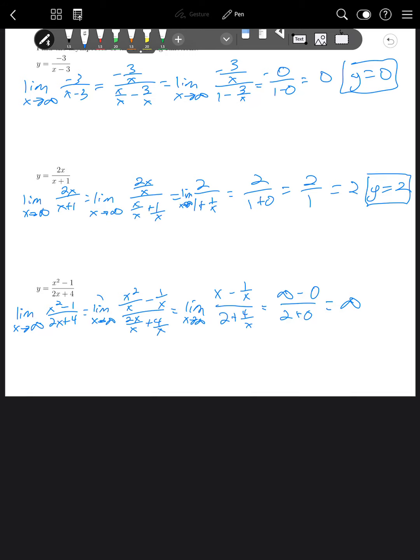So to find that oblique asymptote, we have to do polynomial division. So we have to take x squared plus 1 divided by 2x plus 4. You may or may not remember how to do that, but the way you do polynomial division is you ask yourself, what do you have to multiply 2x by to get x squared?